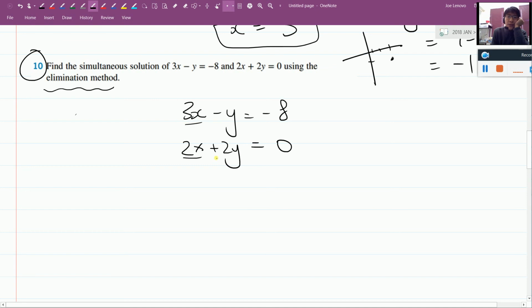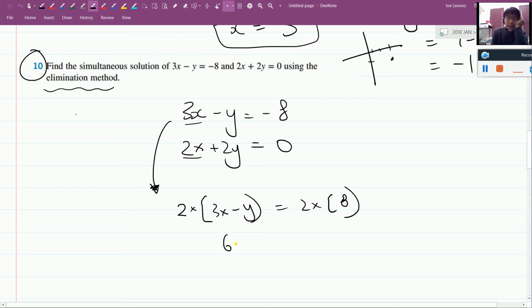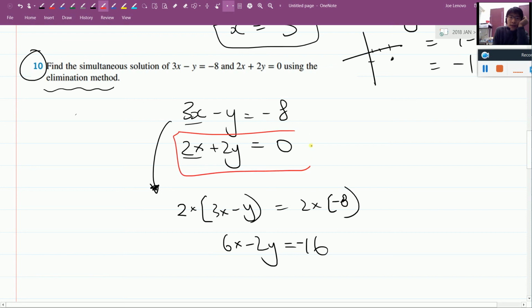With 3 and 2, I would do 2 times 3x minus y on one side. Then I have 6x minus 2y equals negative 16, since it's negative 8. The other one, because I want to cancel each other, I multiply by 3.